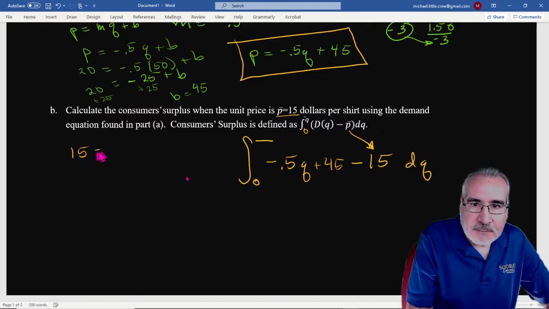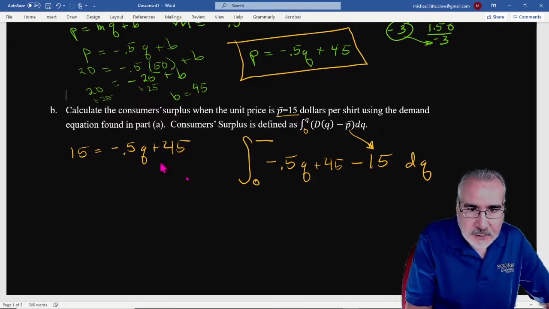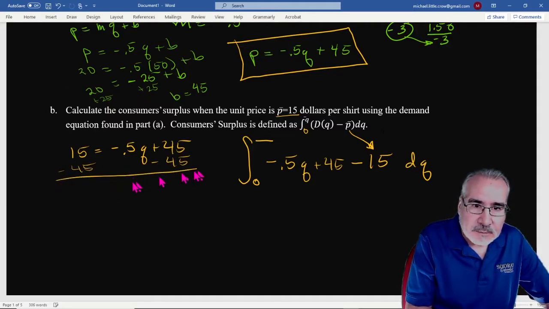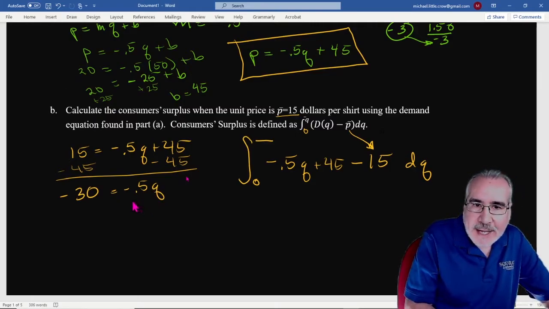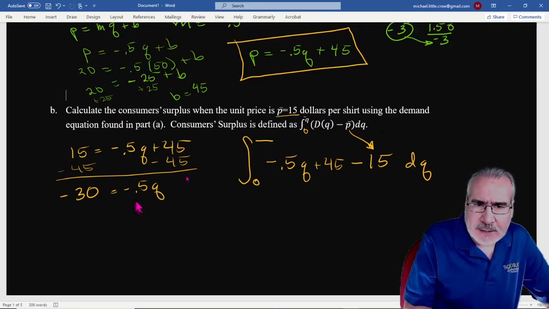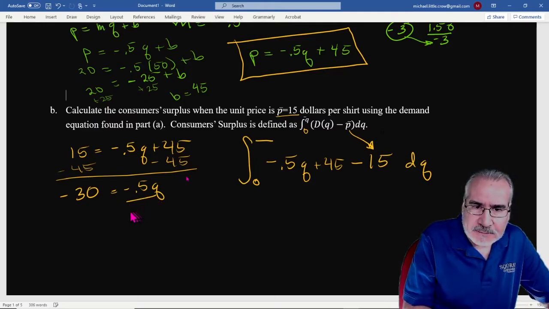We take 15 equals minus 0.5 Q plus 45. Solve it for Q. So we're going to subtract 45, which gives us negative 30 equals negative 0.5 Q. Divide both sides by negative 0.5, which is a half, so it's like multiplying by 2, right?